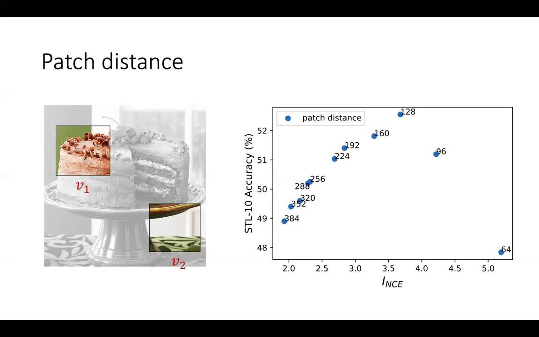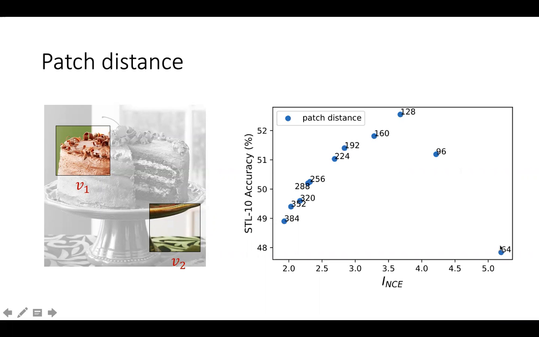So you can control the mutual information by controlling the distance between them. In the right plot, the number here is the distance between the two patches. Remember the patch size is 64, so the distance of 64 is the closest non-overlapped region. So they're just close to each other.